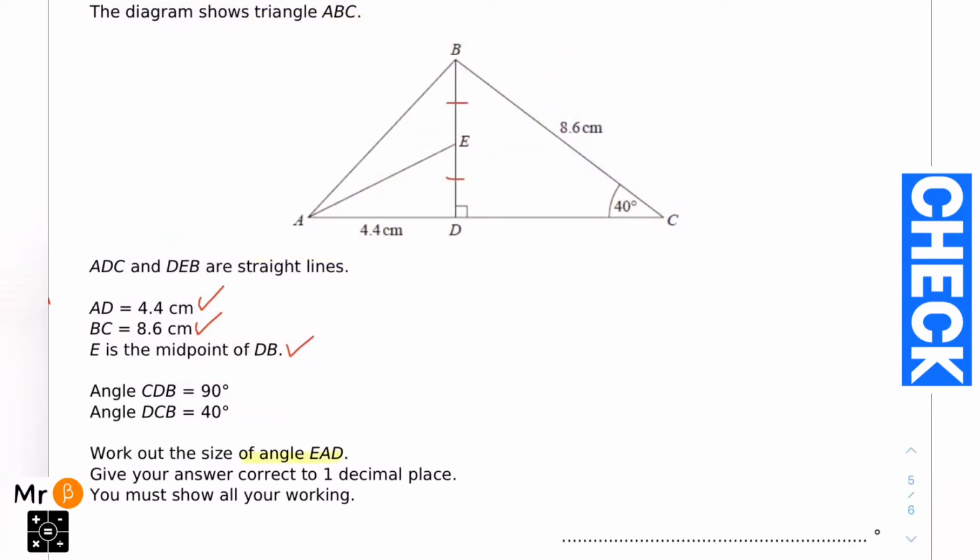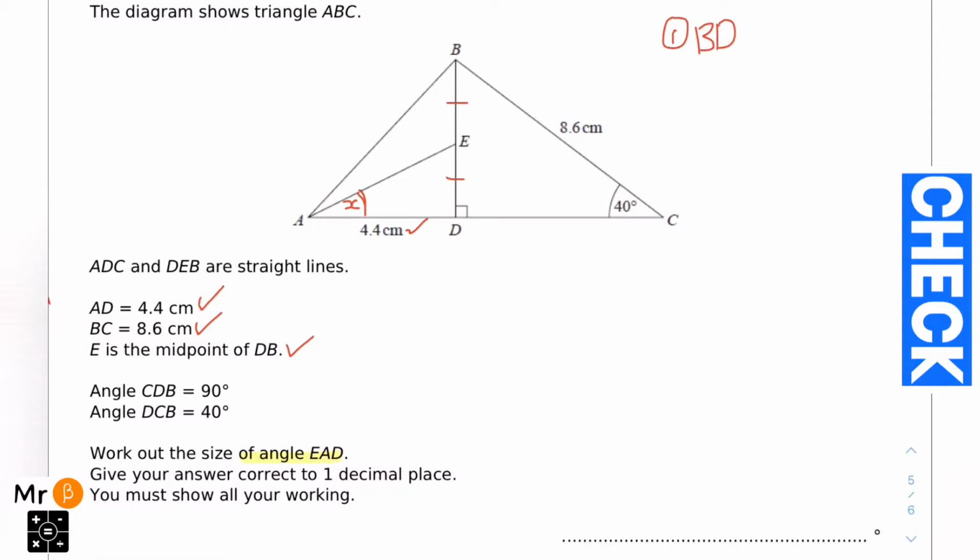So in order to work out the size of angle EAD, we need to work out this angle here. We've got one side of our triangle, however, we're going to need another length in our triangle. So we're going to have to use our big triangle BDC to work out the missing length of BD. So this is our first step, find BD.